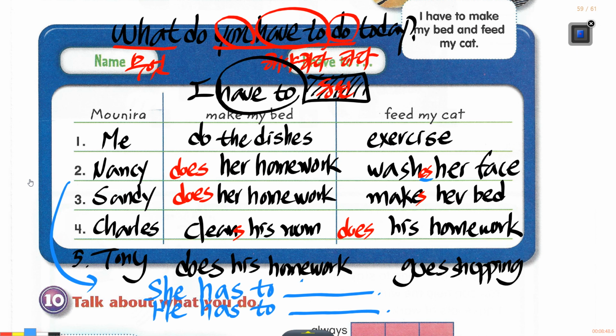He has to. 또 역시 토니는 찰스를 여자로 만들고 샌디는 토니를 여자로 만들고 있어요. His homework. Okay? 동사 원형 쓰셔야 돼요. Go shopping or go shopping?